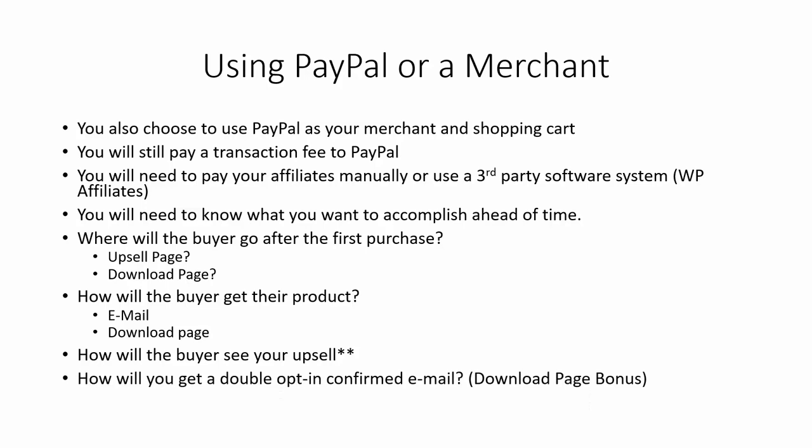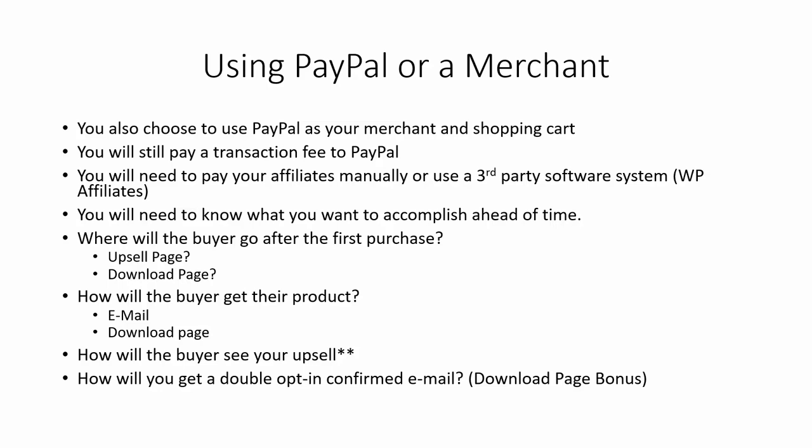And this is really important. How are you going to get a double opt-in confirm email? When you decide to use an after-sale autoresponder, your customer is going to get an email in their box saying, join my list, and they're not going to know what that's from.